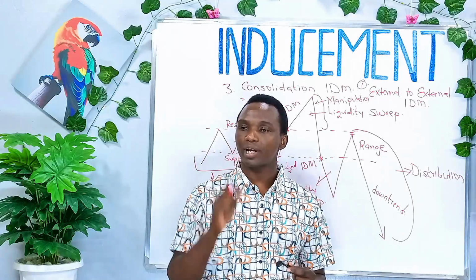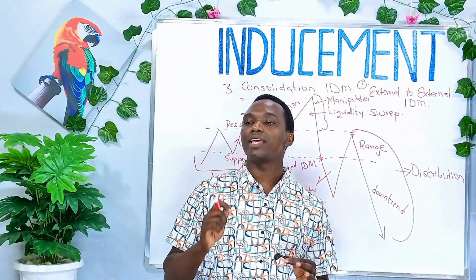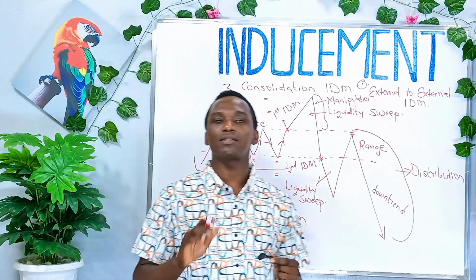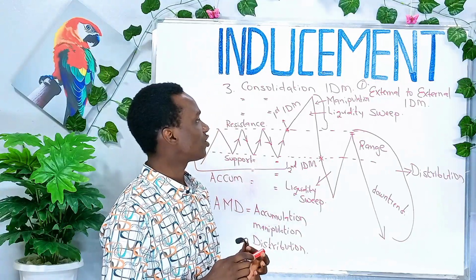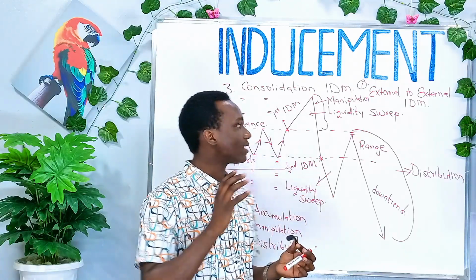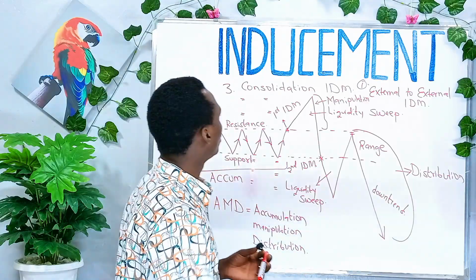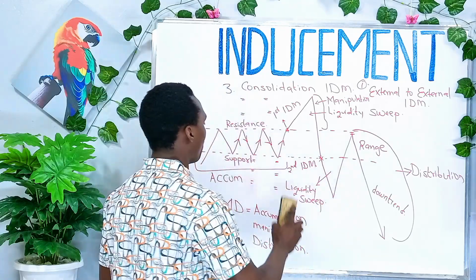Okay, so to correctly identify these levels of inducement, we are going to look at five ways of correctly identifying your inducements in the charts. So if you are done with this, we are going to wrap that and look at the 5 ways that can help us to identify the inducement levels in the market.